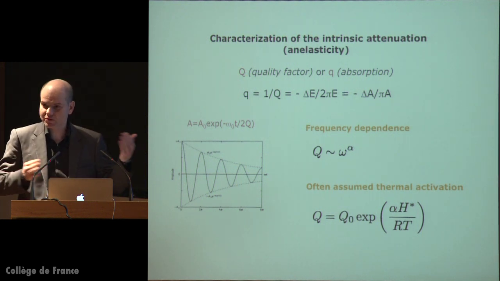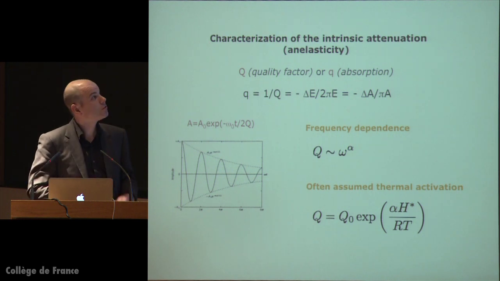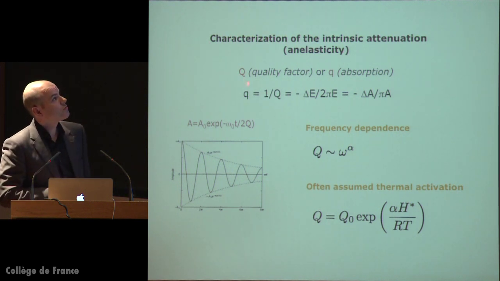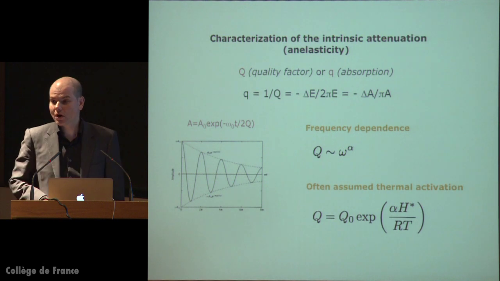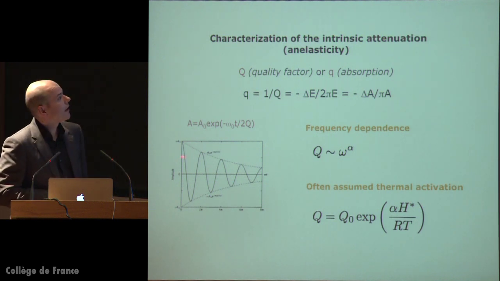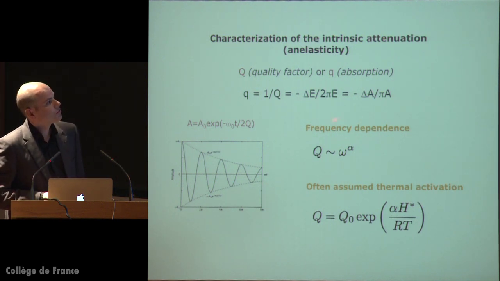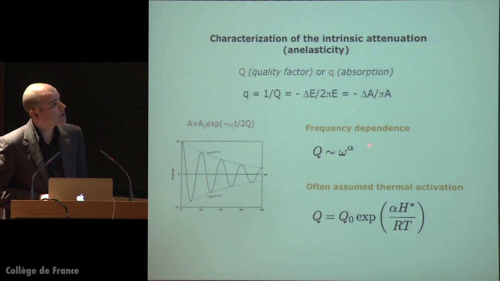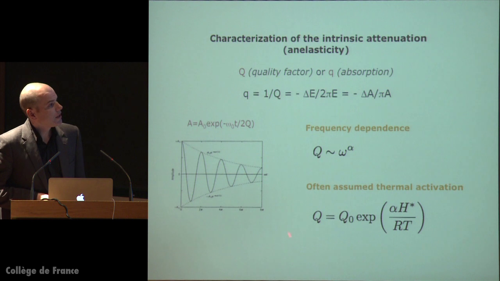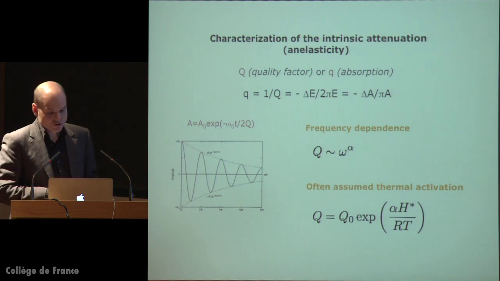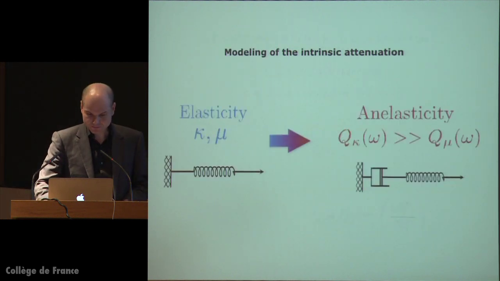So sometimes I will show a big Q, sometimes a small q. So high Q means low absorption. And you need to realize that the intrinsic attenuation can be frequency dependent, and the frequency dependence is characterized by this alpha factor here. And then the thermal activation I showed you just before.